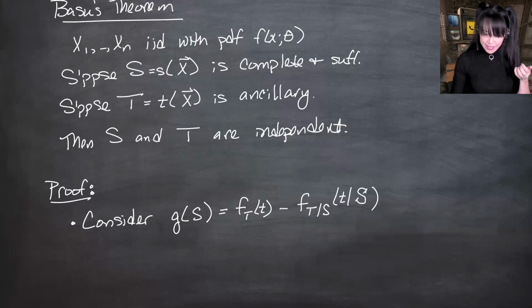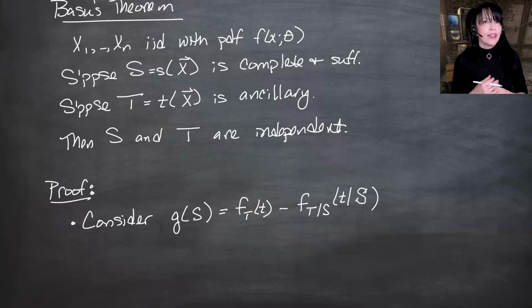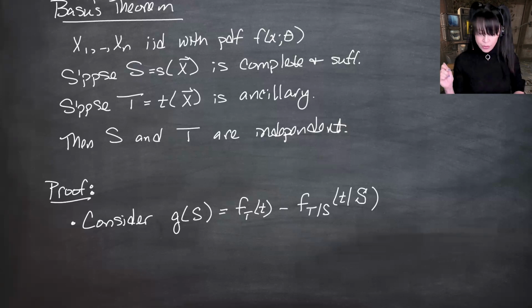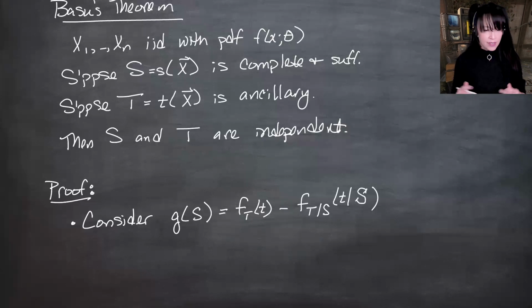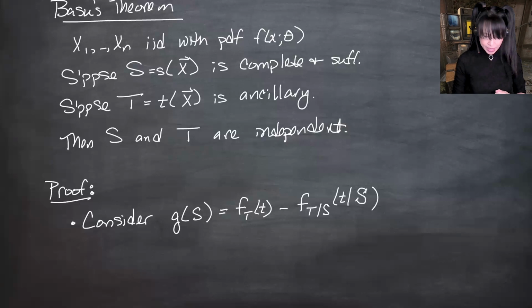And therefore, this entire thing is random. And if we want to compute, say, an expectation, we should use the PDF for capital S for our complete and sufficient statistic, because that's the random variable here. Let's do that. Let's find the expectation.